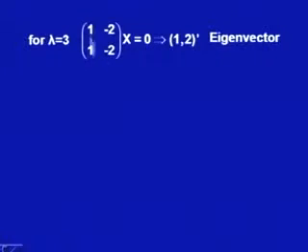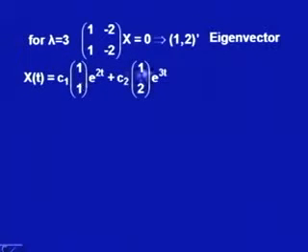Again these two rows are identical, and this gives us the eigenvector as (1, 2). And once we have obtained eigenvalues and corresponding eigenvectors, then x t is equal to C1 multiplied by the first vector e^(2t), plus C2 the second vector (1, 2) into e raised to power 3t. So, this is the solution of the given system of differential equations.